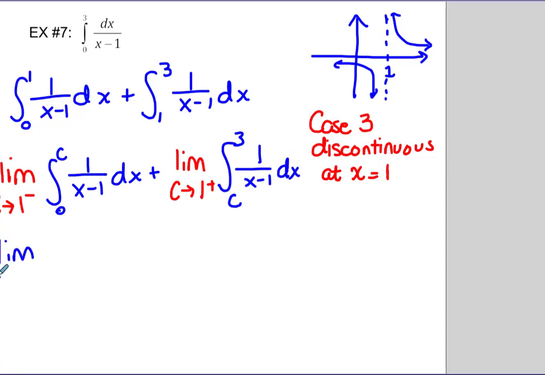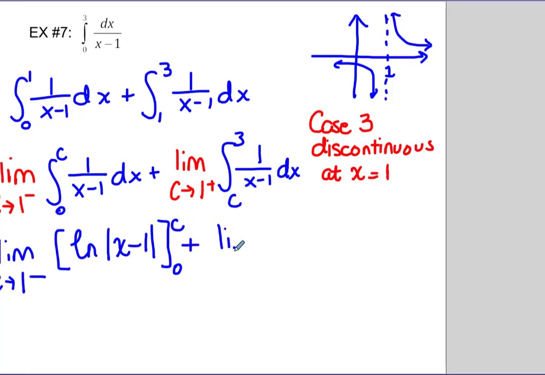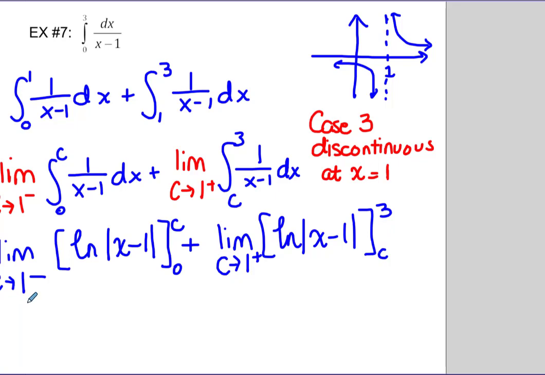Okay, so the limit from 1 from the left is going to be the natural log of the absolute value of x minus 1 evaluated from 0 to c, plus the limit as c approaches 1 from the right for the natural log of absolute value of x minus 1 from c to 3.